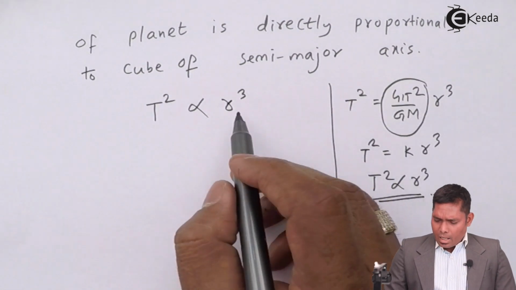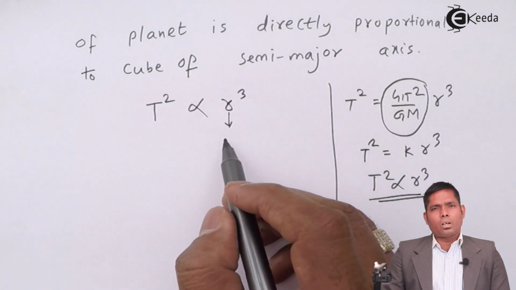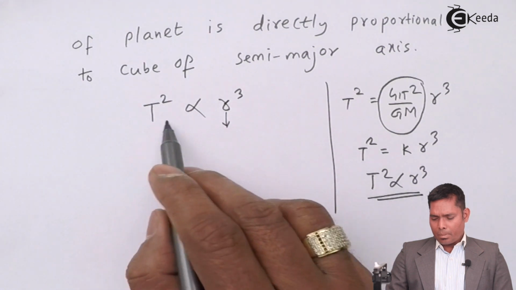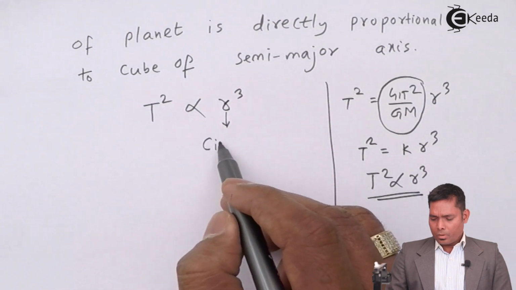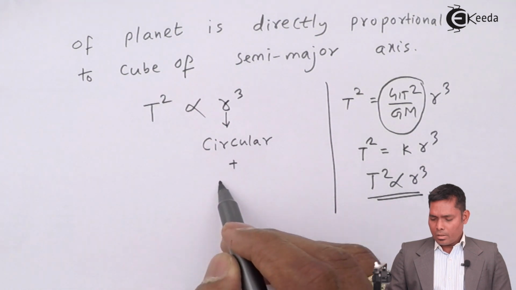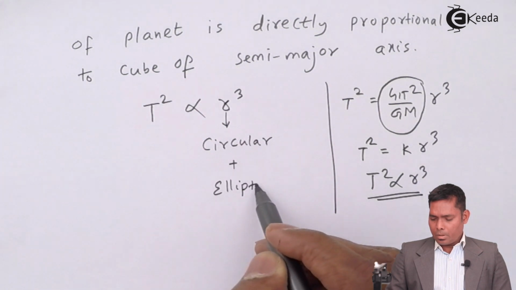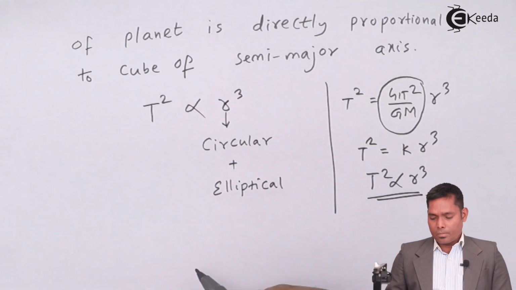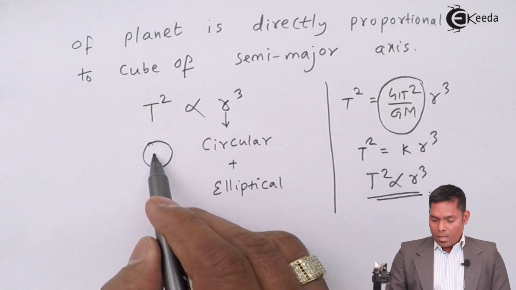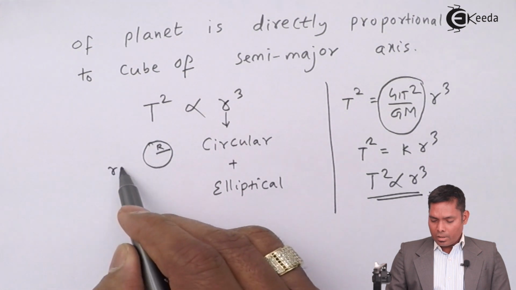Here r stands for the semi-major axis, but this relation can be applied to circular orbits as well. This is applicable for circular as well as elliptical orbits. In the case of a circle, we don't have to think of the semi-major axis, r is the radius.